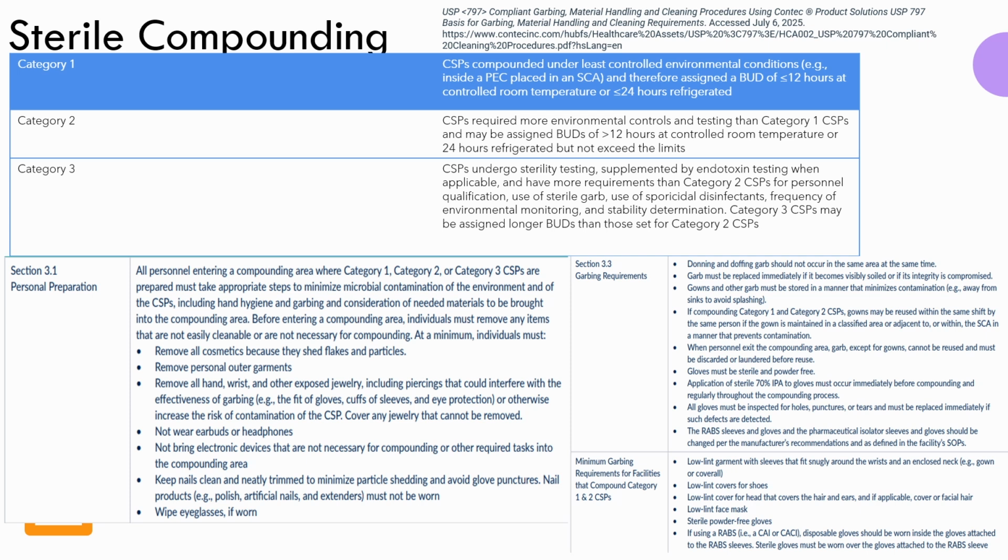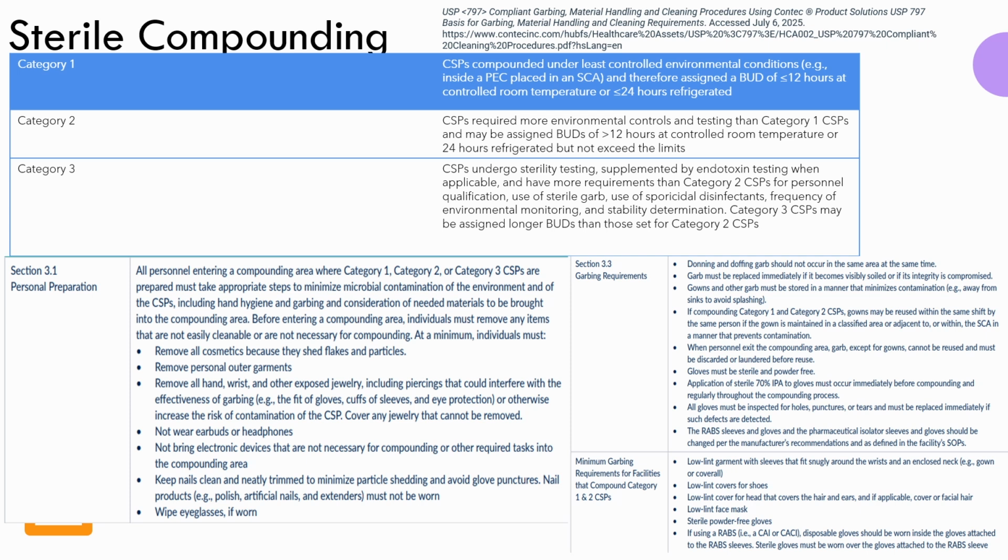With category two, you have more stringent things going on. Here it requires more environmental controls and more testing than category one. So now your beyond use date is greater than 12 hours at controlled room temperature and 24 hours refrigerated, but not exceeding the limits.